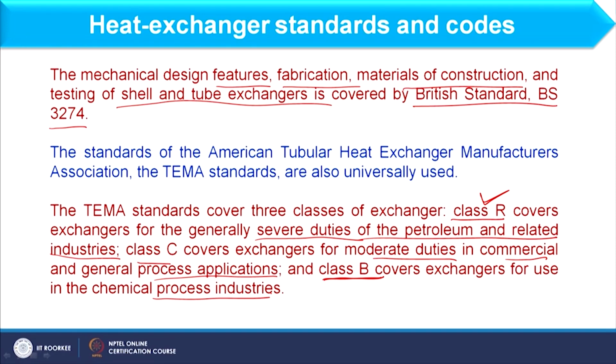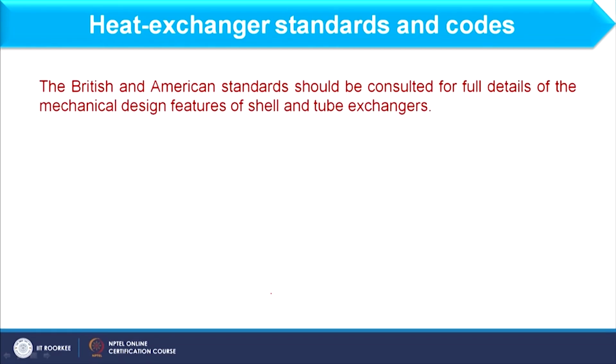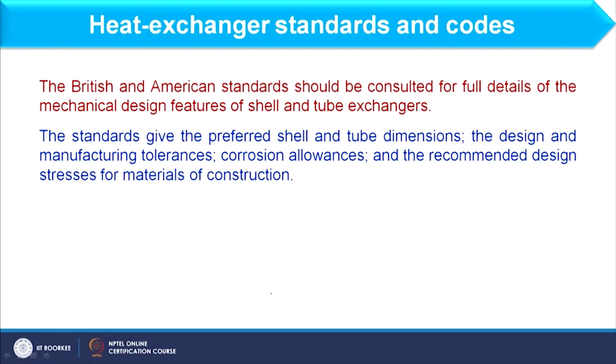So, in the chemical industry we usually use class B as shell and tube heat exchanger. British and American standards should be consulted for full details of mechanical design features of shell and tube exchangers. If you see, all these codes which are available are basically for mechanical design. Process design is not covered in these codes or standards.